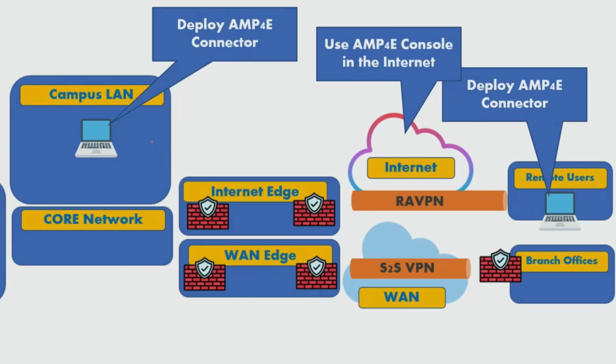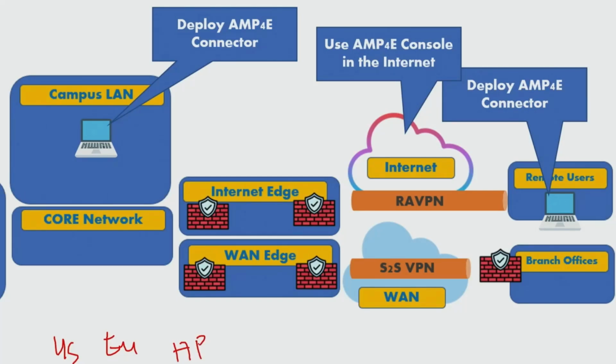The connector communicates with the AMP cloud to send and receive information about files and their disposition. The AMP cloud is the hub of intelligence for all AMP technologies. There are currently 3 AMP clouds, one in the US, one in Europe, and one in the Asia Pacific region, Japan and China.